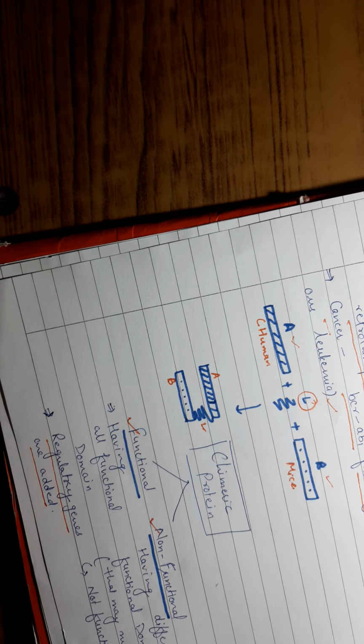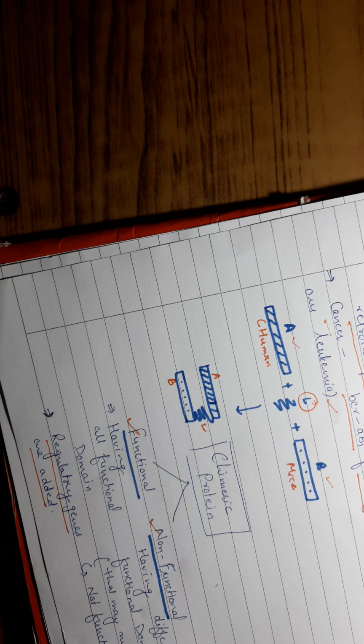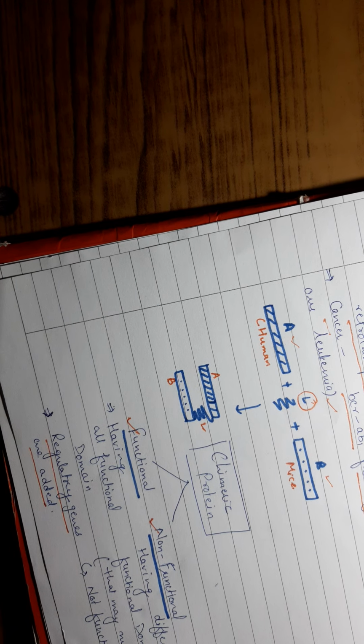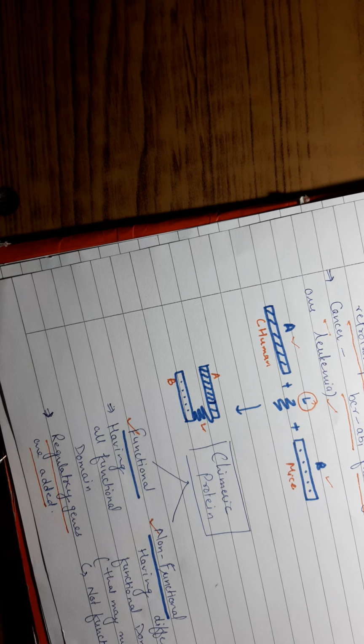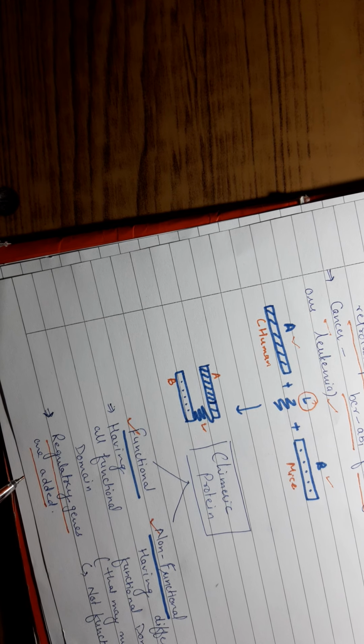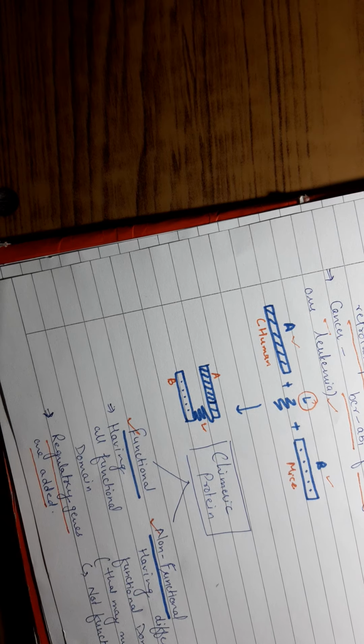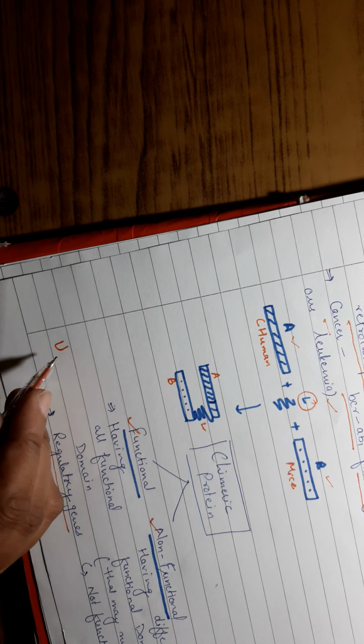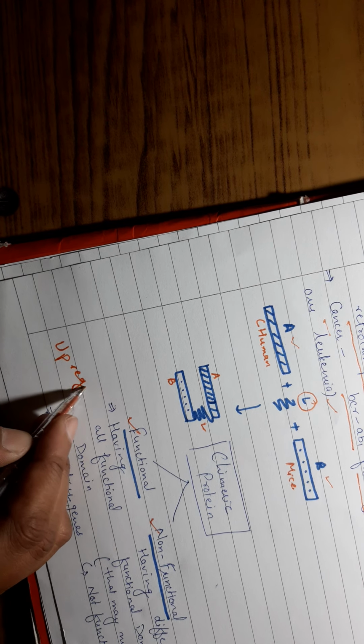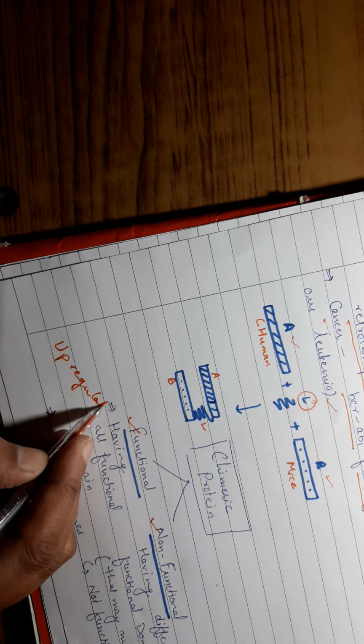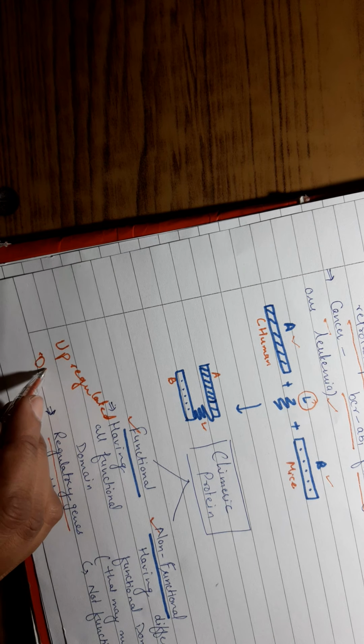Functional chimeric proteins usually have all the functional domains of a gene, but they have regulatory genes that are added through in vitro gene transformation or through in vivo gene transformation. So due to addition of regulatory genes, these genes may become upregulated or downregulated.